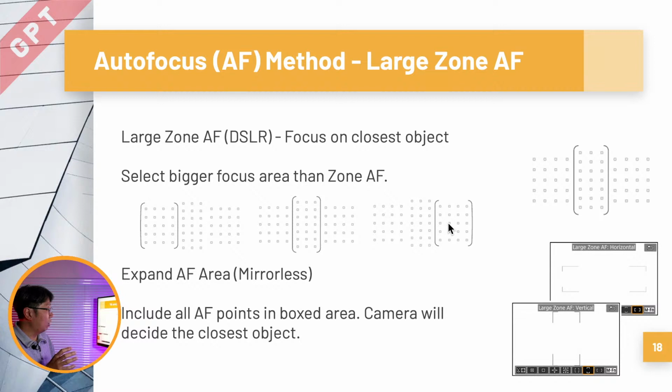You don't have to worry about each dot. The idea is still the same: it will only focus on the closest subject. It won't track something very effectively. It just focuses on anything closest to the camera.